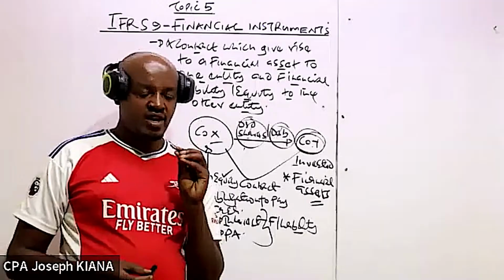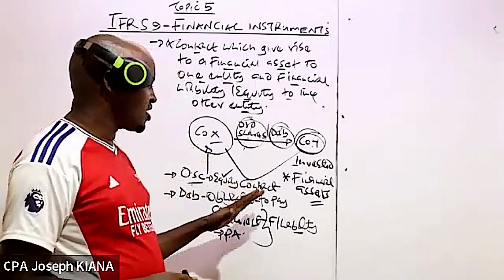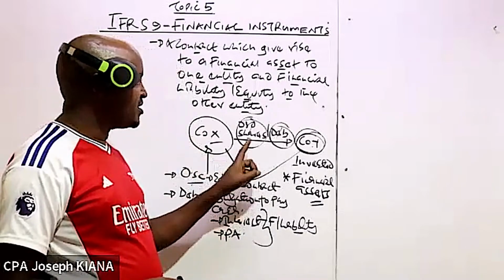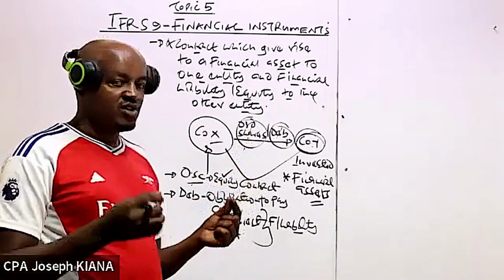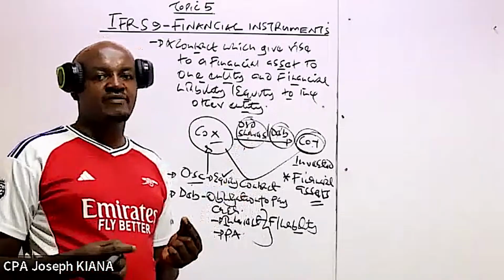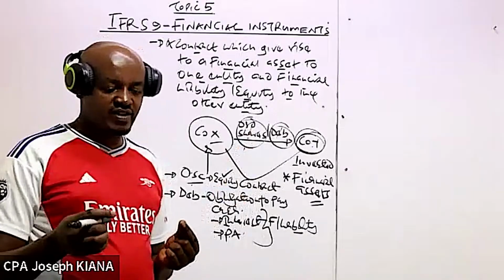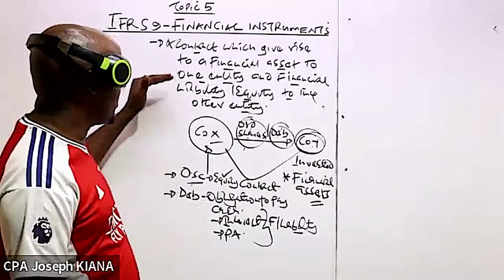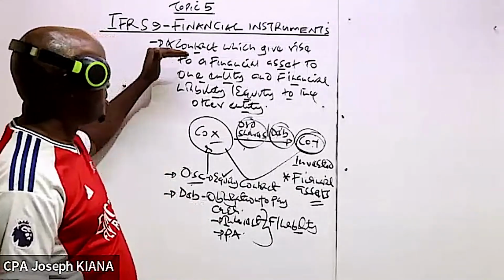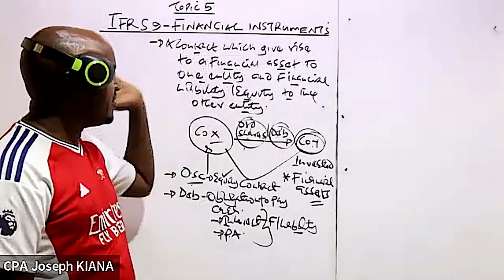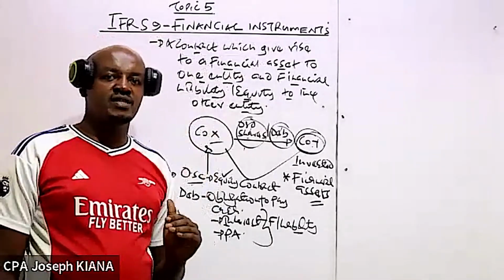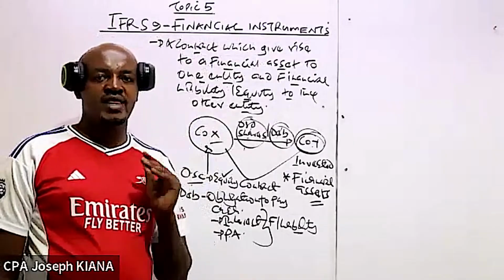Therefore, this particular contract meets the definition in IFRS 9. A financial instrument is a contract which gives rise to a financial asset to one entity, and a financial liability or equity to the other entity.